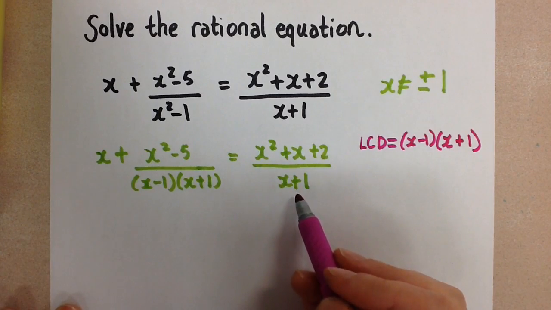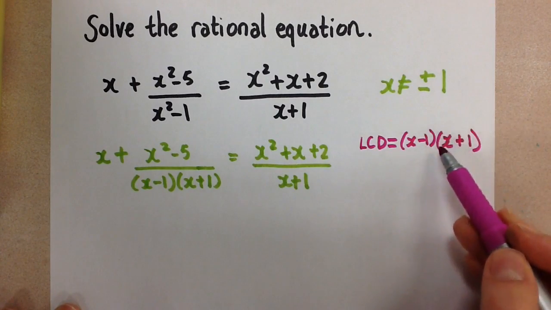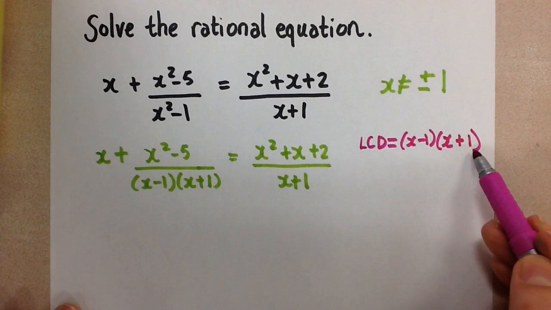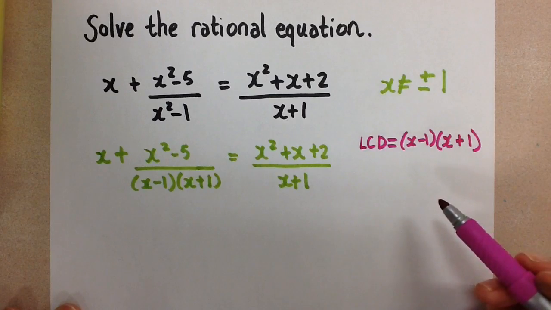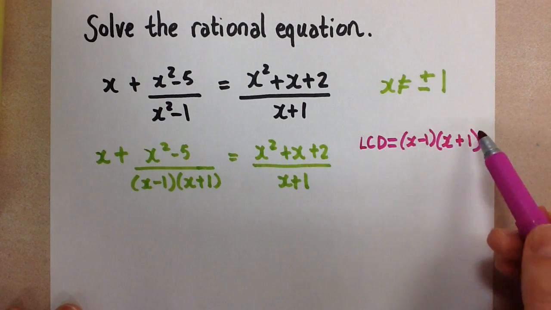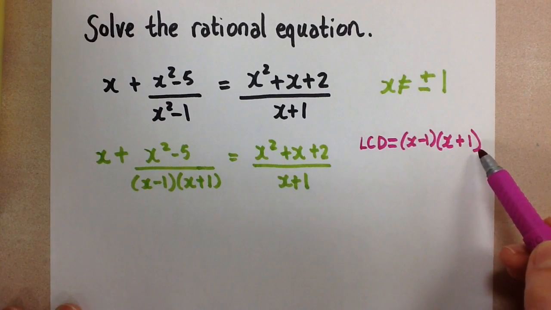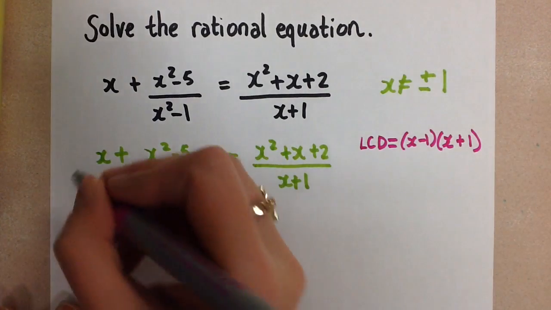And then here in this denominator we have an x plus 1, but that factor already exists in the lowest common denominator that we're coming up with. So we're not going to rewrite it again. That'll create more work for us in the end. We want to stick with the lowest common denominator. This is what we multiply the whole equation by to cancel out those denominators.